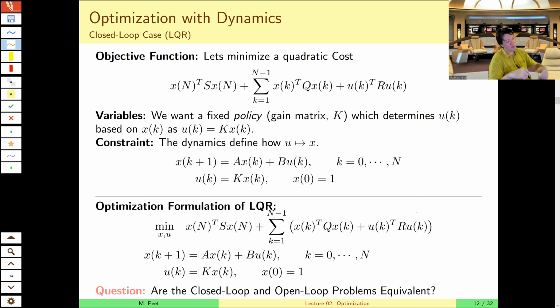So the previous problem was open loop. So we're choosing our sequence of inputs that optimizes that trajectory. We have this map from our sequence of inputs to our x.